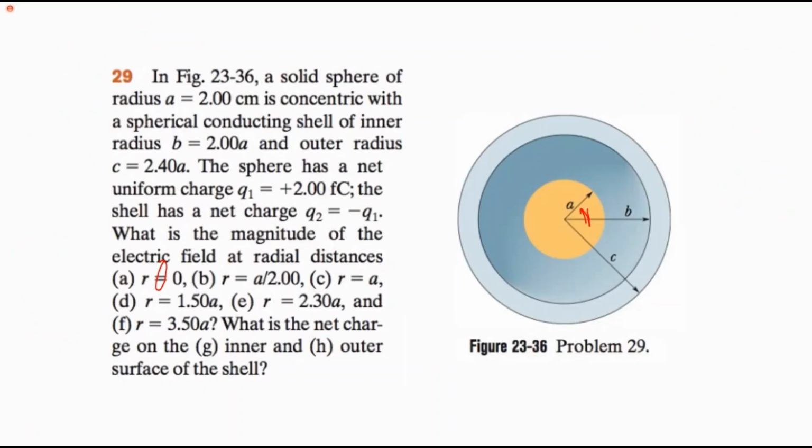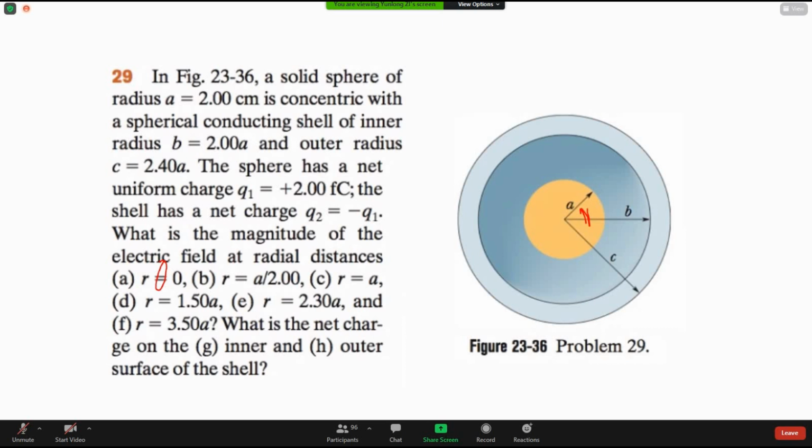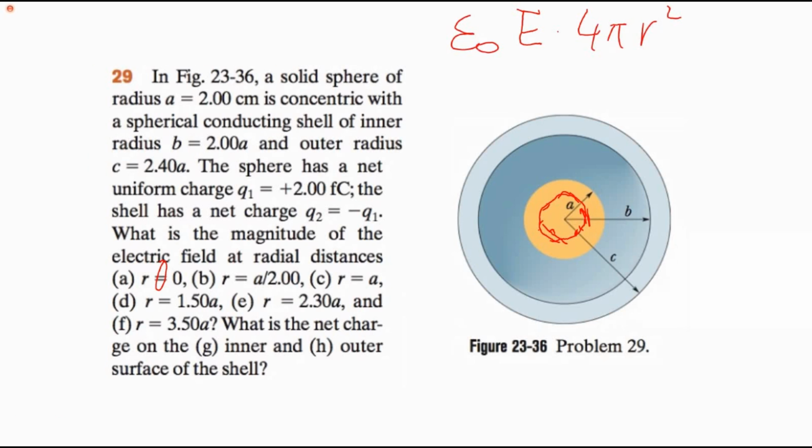This is built as a spherical Gaussian surface with the radius r equals a over 2, with area 4 pi r squared. That would equal the total charge inside the Gaussian surface.